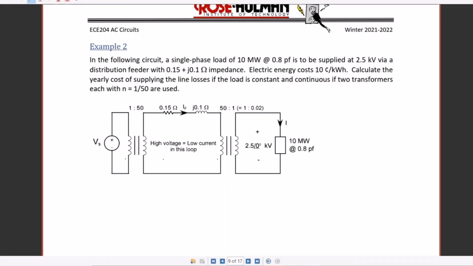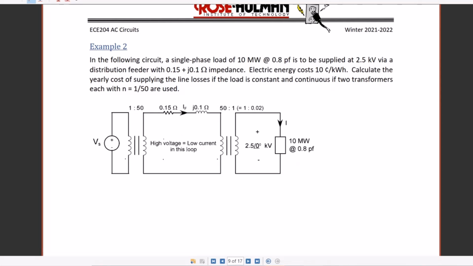So now let's look at a different way of solving the same problem. Notice that I still have 10 megawatts and 0.8 power factor at the load. I still have 0.15 and 0.1 ohms in the feeder line, but now I have two transformers, a step-up transformer and a step-down transformer.